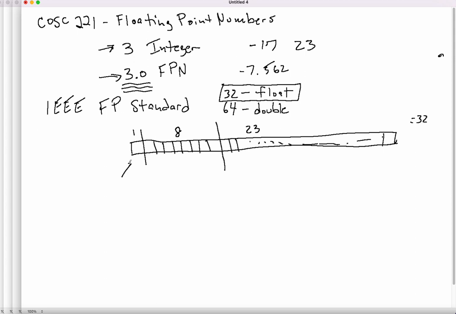And this bit right over here is the sign bit. So that one's really easy. 0 means positive. 1 means negative. These 8 bits are called the exponent.